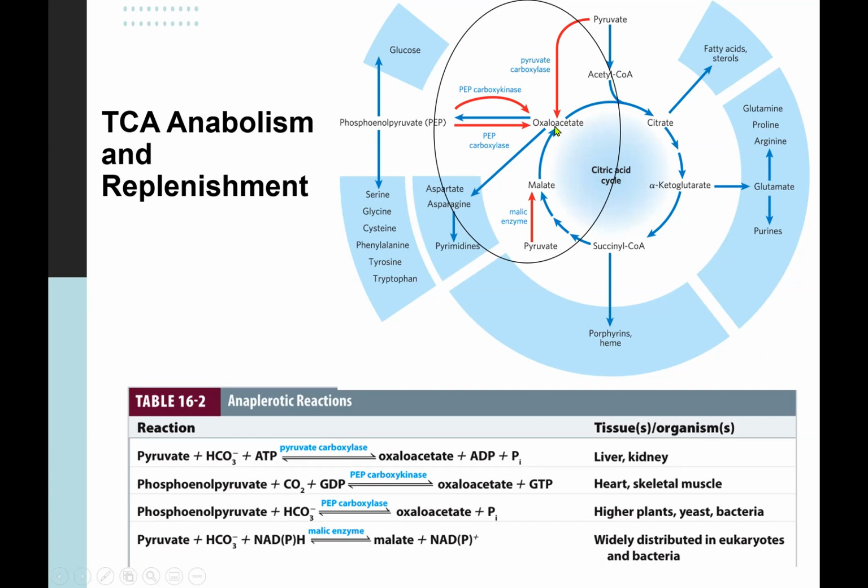Now, there is no hard and fast rule that says oxaloacetate has to go on and form PEP, right? It could just be used to replenish a TCA cycle intermediate. And that reaction is represented here, because that first bypass reaction, if its ultimate fate is gluconeogenesis, is pyruvate plus bicarbonate and ATP yields oxaloacetate and ADP.